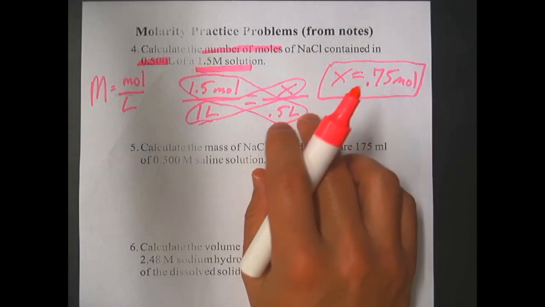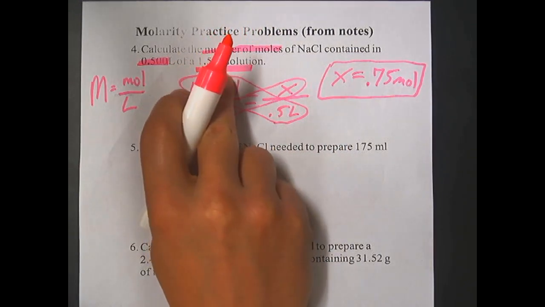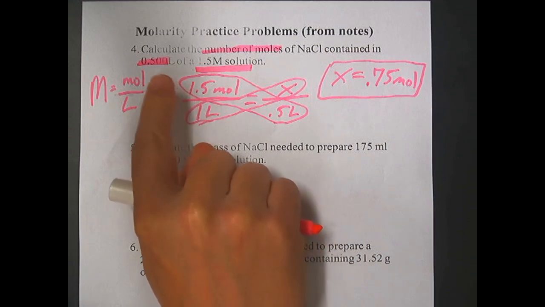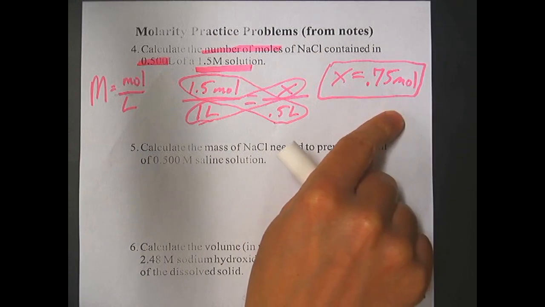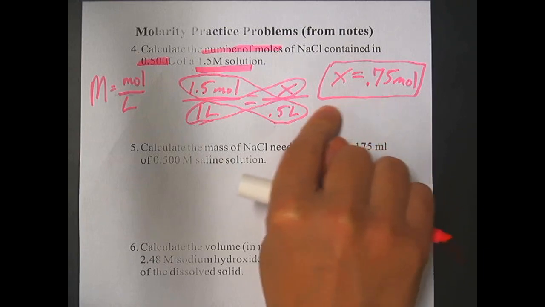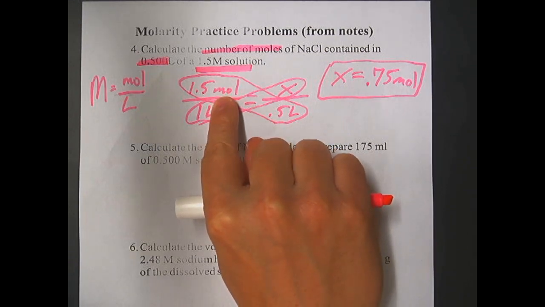So, again, to maintain this ratio of 1.5 moles per liter in a volume of half a liter, we would need 0.75 moles. I'm sure you probably don't need to, but if you wanted to, punch 0.75 divided by 0.5 into your calculator, and I bet you get 1.5.